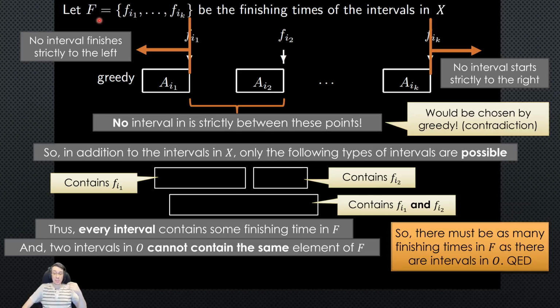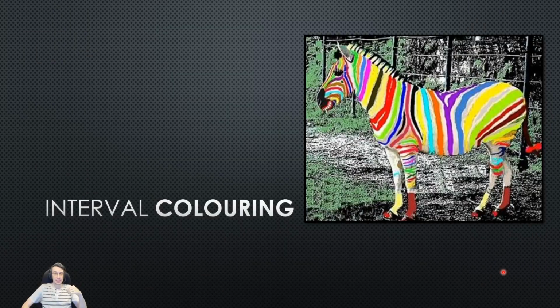So there can only be as many intervals in O as there are finishing times in F, and there are only as many finishing times in F as there are intervals chosen by the greedy algorithm. So that proves there are only as many intervals in O as there are intervals in the greedy solution. So that proves that there cannot be a better solution O. So that's kind of a slick proof. It's a little bit tricky, but hopefully that was interesting.